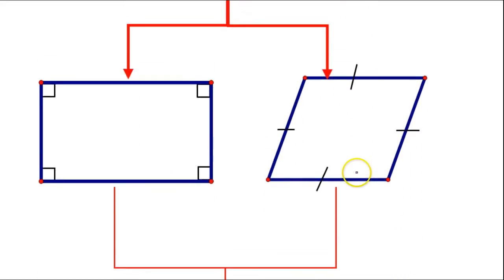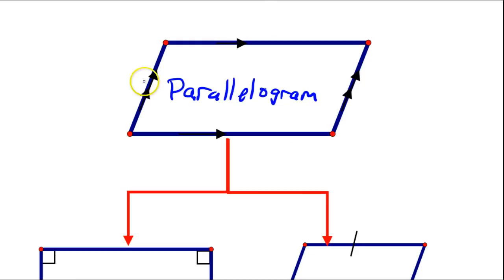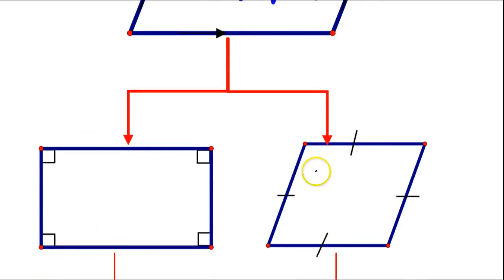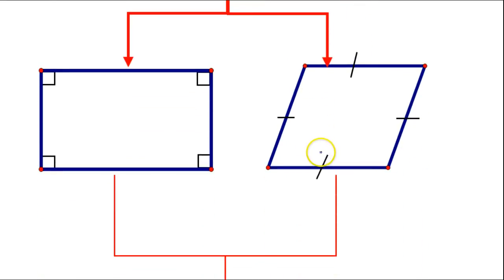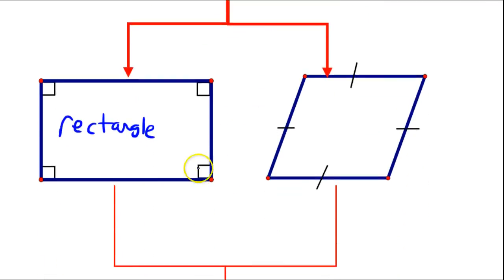Now, as we go down this chart, we started with parallelogram because everything below is a parallelogram. A rectangle is a special kind of parallelogram. That's why it's below parallelogram in the chart. Notice in a rectangle, the opposite sides are parallel.